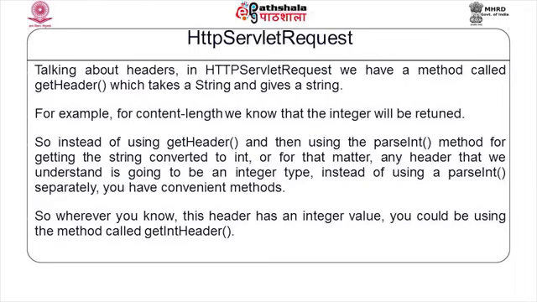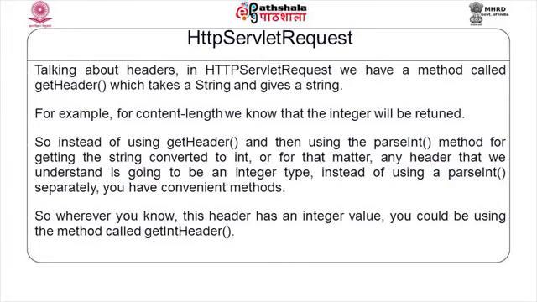Coming to the headers itself, we have the method called getHeader, which takes a string and gives a string. Many times you might have a header, for example the content length header. What is the return type? Content length, we understand, is going to be an integer value.